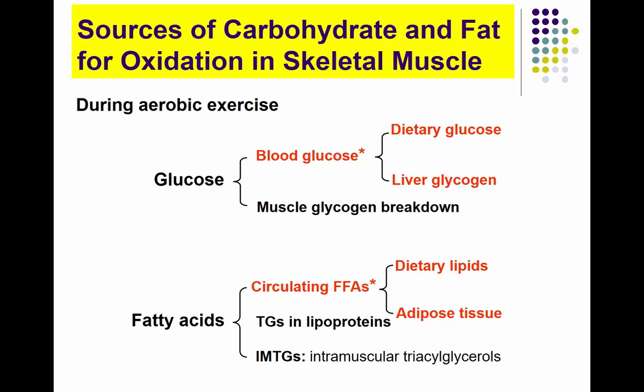This can also be one of the sources of fatty acids. And lastly, the intramuscular triglyceride breakdown, right, is also an important source. Again, in resting muscles, muscle glycogen breakdown and intracellular triglyceride breakdown are not that important, right?